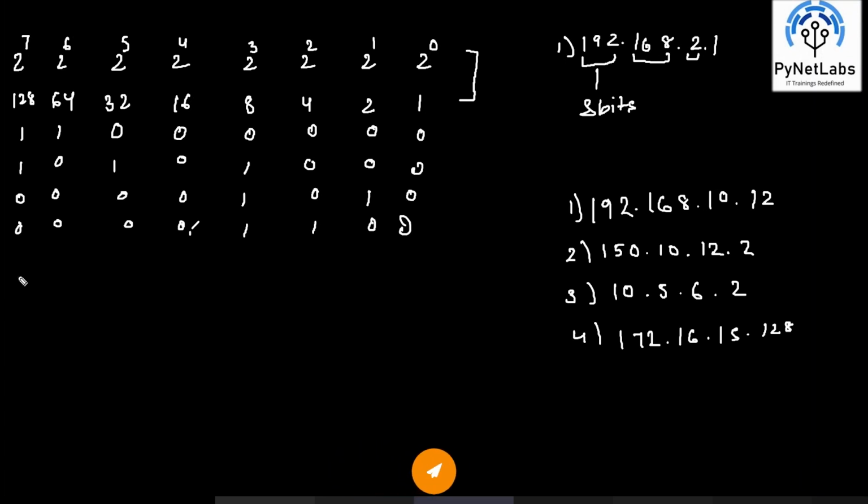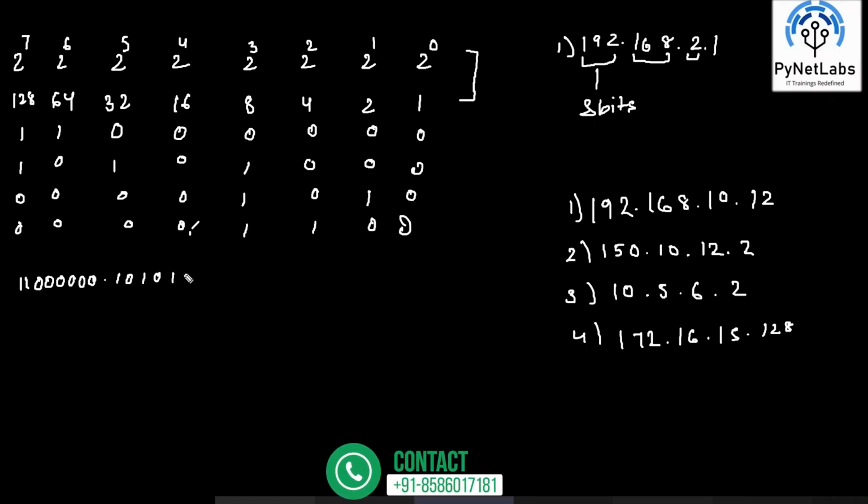So when we convert the whole IP address into binary form, we get 1, 1, 0, 0, 0, 0, 0, 0 dot 1, 0, 1, 0, 1, 0, 0, 0.